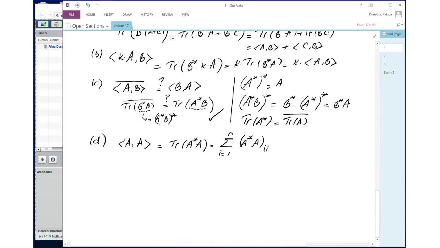So that is the sum of the ii entries of A star A. Okay. But the ii entry of a matrix is the sum of the first matrix entry ik times the second matrix entry ki. Remember that way of expressing an entry of the product in terms of the entries of the two matrices. So this is the sum i equals 1 to n, the sum j equals 1 to n, A star ij, A ji.